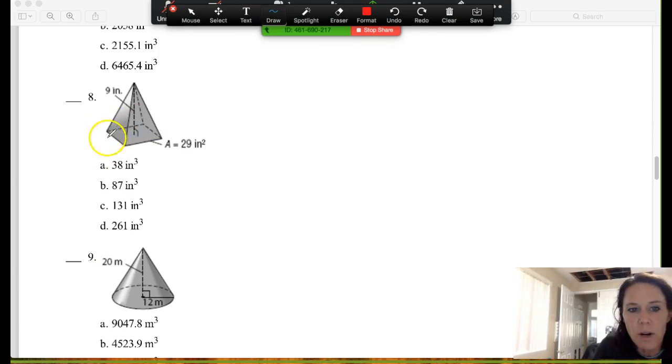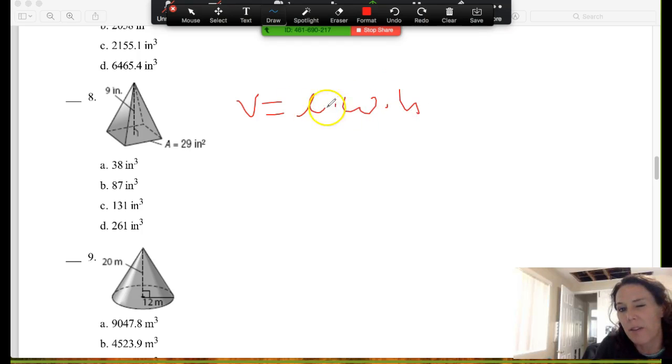Now, if you have a square or rectangular pyramid, you know, just a regular prism, it's length times width times height, or length times width is the area of the base. So big B for area of the base times the height. But we have a pyramid. It's like you cut off 2 sides, or a third of it.